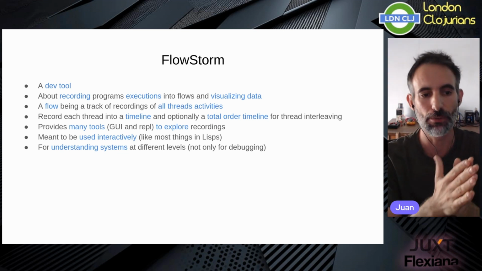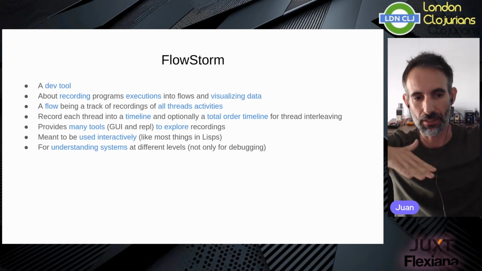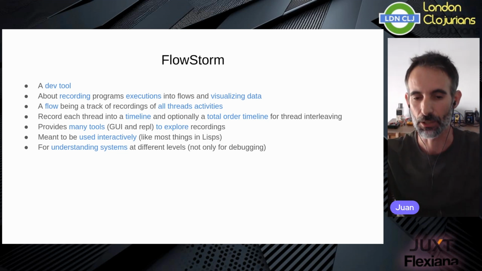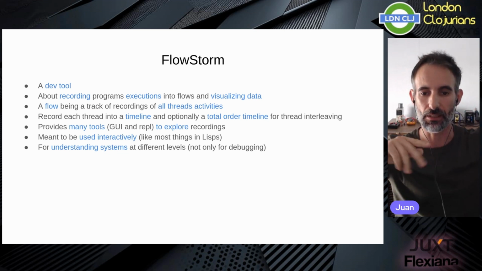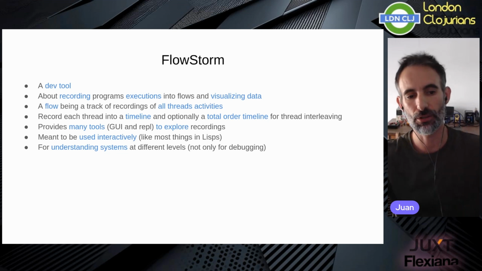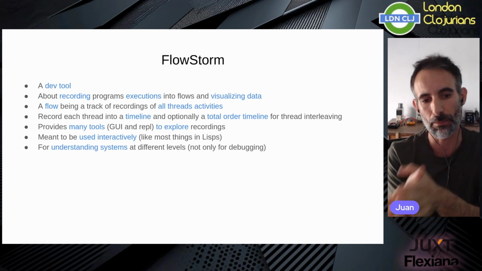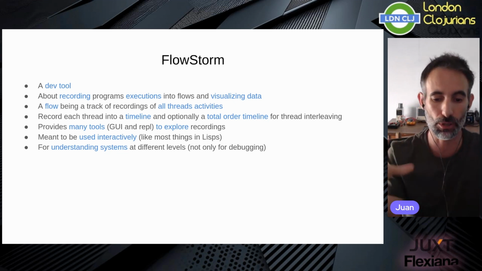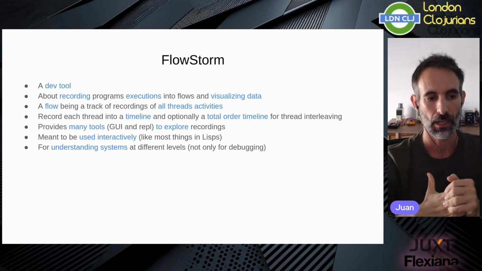So you basically record each thread as it runs into a timeline, and optionally you also record a total order timeline if you are interested in thread interleaving and all this stuff. After you have all these recordings, FlowStorm is going to provide many tools, from graphical tools and also REPL APIs, to explore those recordings, to try to figure out how things work.